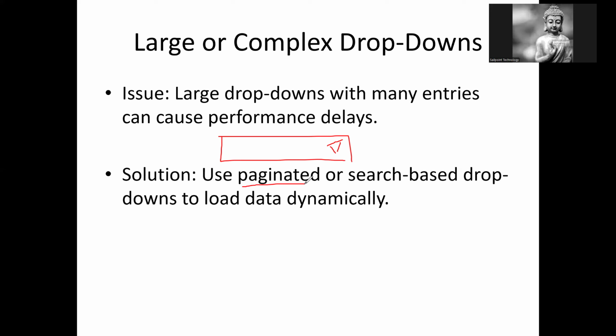Pagination means suppose we wanted to show 300 countries here. You don't show all the values at once. You use pagination, taking the first 20 values to show. Once the user clicks, it goes on to the next 20 countries, and so on.